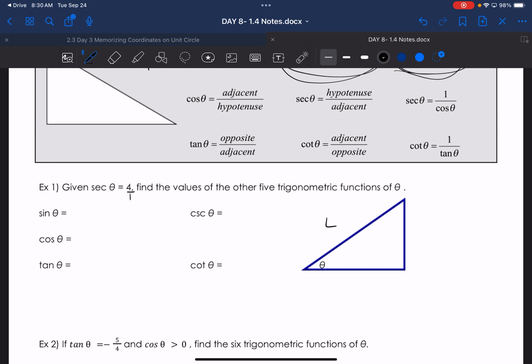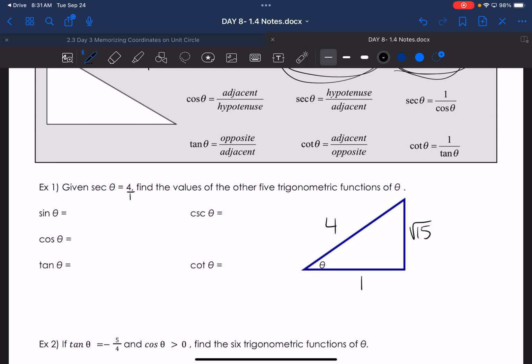The hypotenuse, good. And which side would we label 1? Adjacent side. Okay, so then I'm just missing the opposite side over here. And how could I find that? Pythagorean theorem, okay. So I'd have 4 squared minus 1 squared. 15, so root 15.